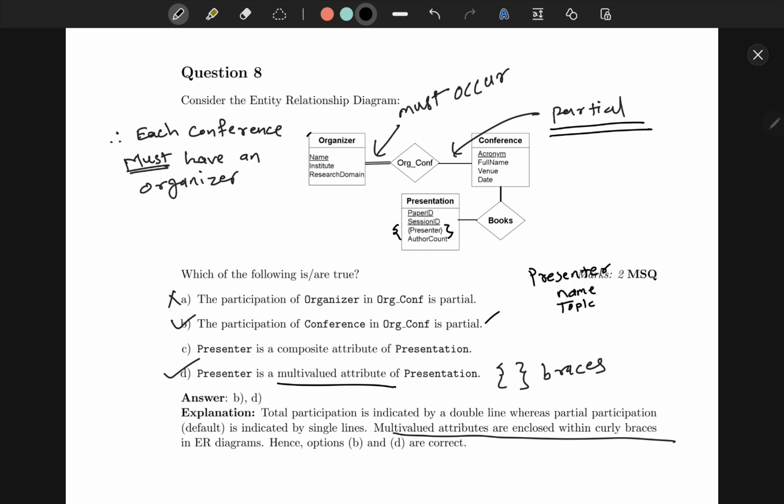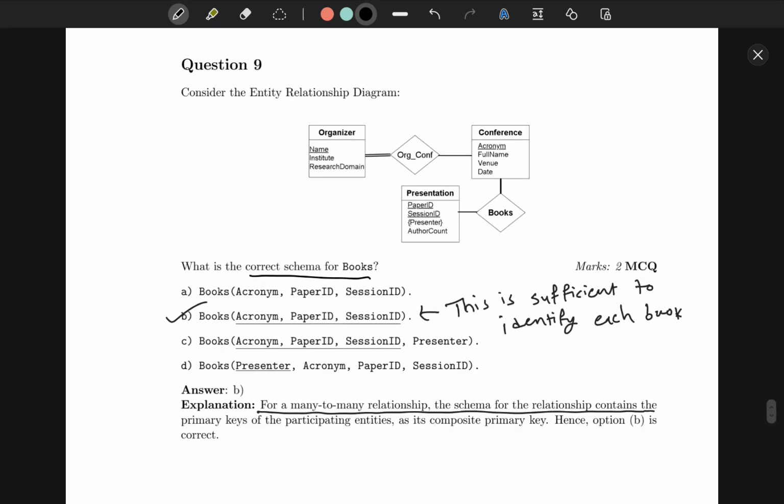And when we have an attribute inside curly braces, then it is called a multi-valued attribute, and if presenter was supposed to be a composite attribute, then its sub-attributes will be indented in the schema. The same ER diagram is given again.